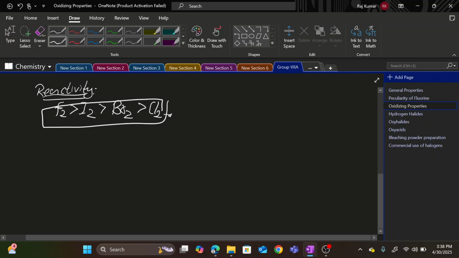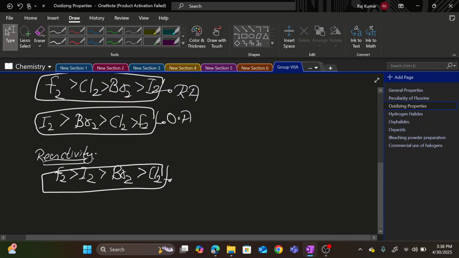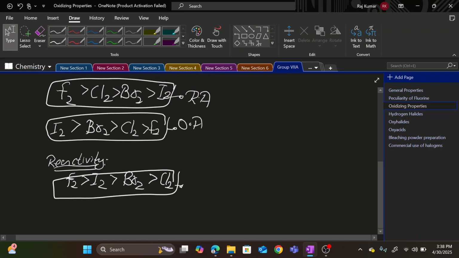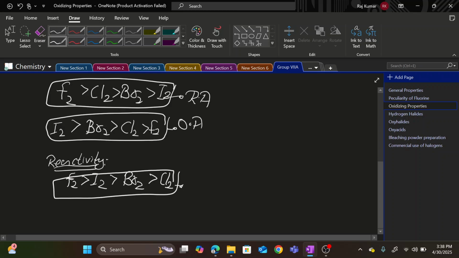And then there's an important fact which needs to be considered over here, that a compound which contains chlorine or bromine or iodine can be easily displaced by fluorine in a chemical reaction.